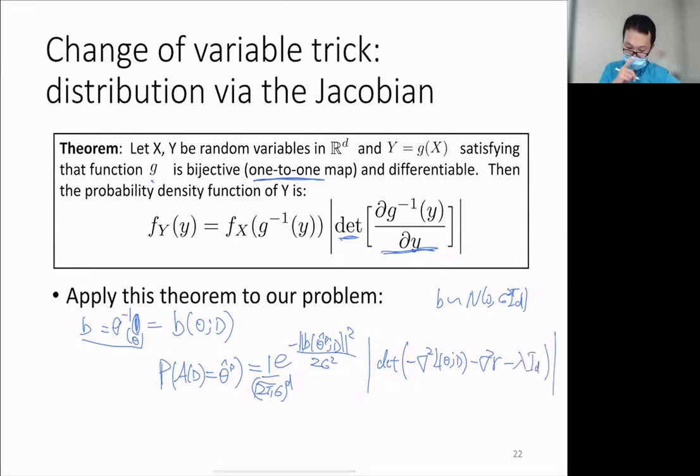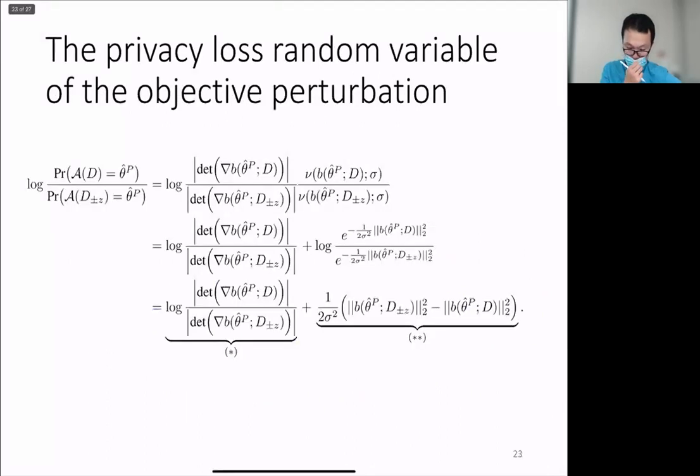That's our determinant, and that clearly defines the probability density function of theta hat P. After applying this change of variable trick, we just apply the same formula to D prime again, and then it remains to take the log probability ratio. That gives us the privacy loss random variable.